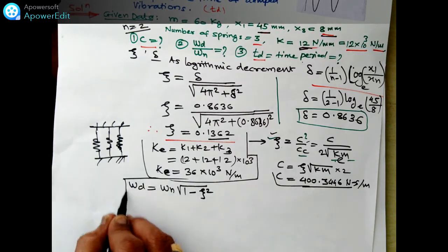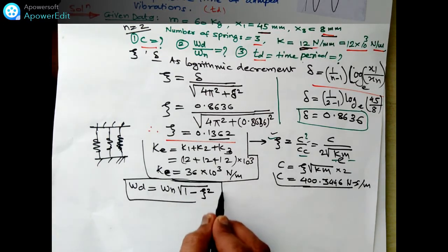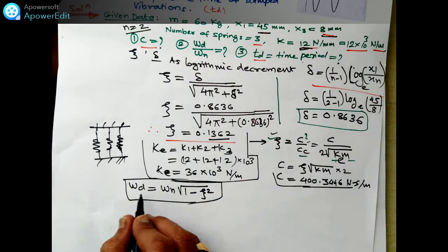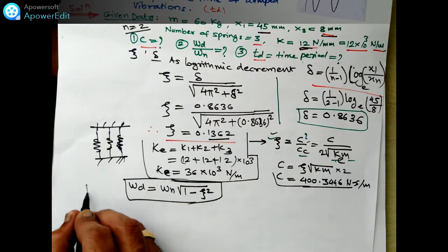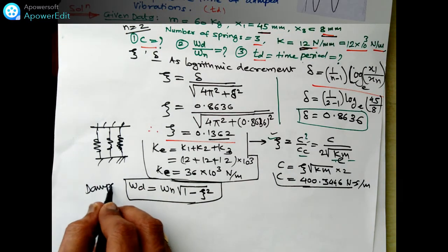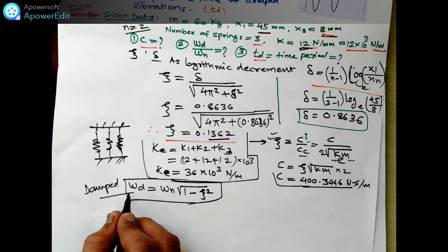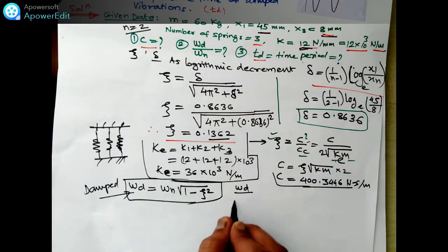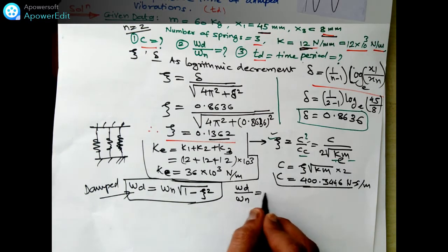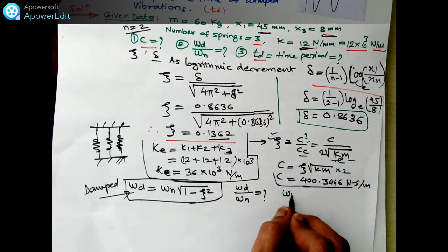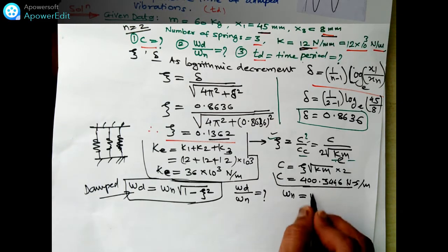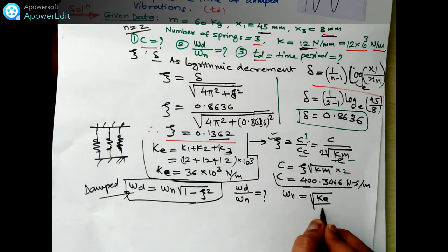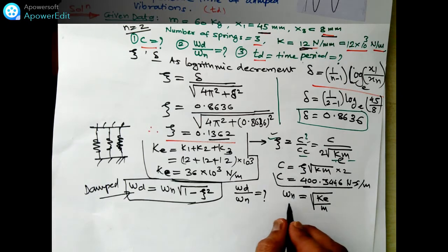This is the formula we utilize to calculate WD, the damped frequency. By using this damped frequency, we can find the ratio WD by Wn. We know Wn is equal to under root of Ke by m. This is the natural frequency.